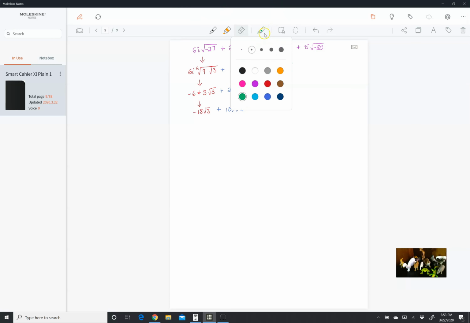And finally we have the last one. We'll do this one in this pink over here. So the plus just gets carried down. And then it becomes 5i. And the square root of negative 80 can be broken up into, so the negative is what brought out the i.